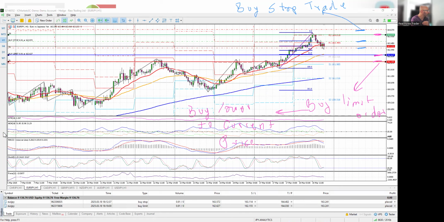Okay, that is the difference. And if I place a buy stop like this one, is because I buy at a higher price compared to the current price. In this case, both are valid. I'm just waiting to know what happens.